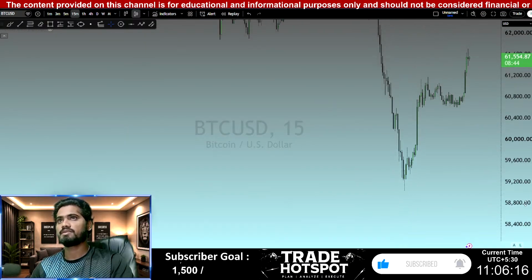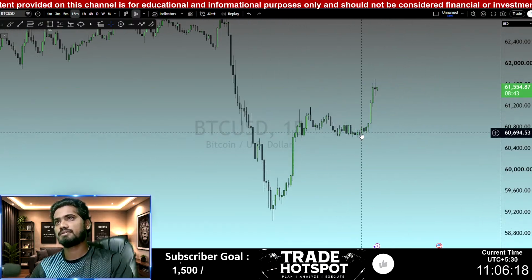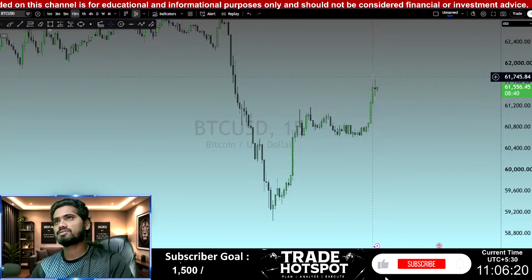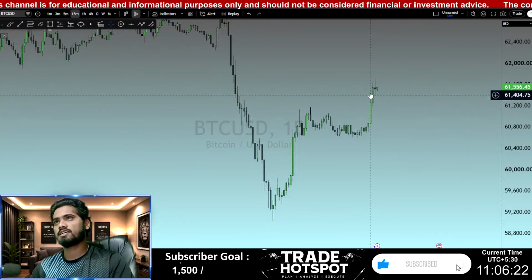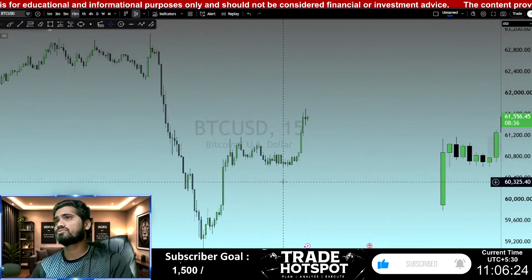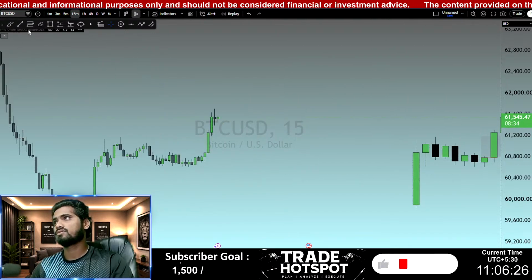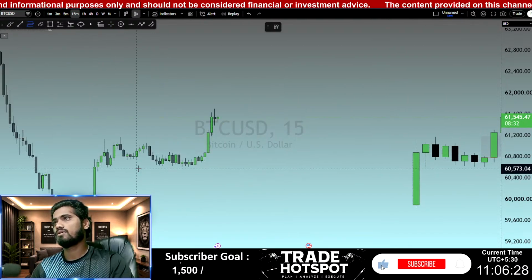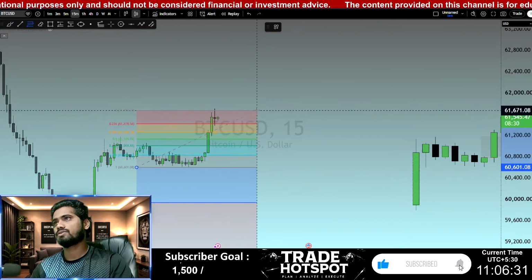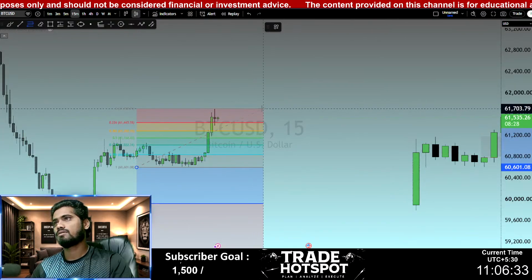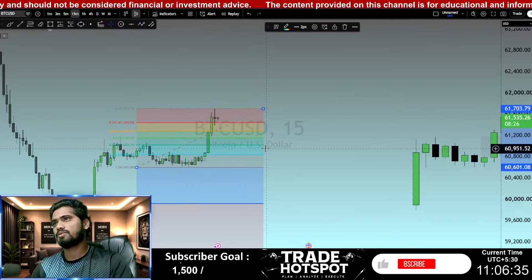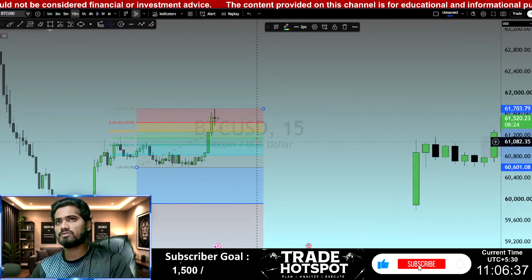If you look at the 15-minute chart, after a strong move there should be some retracement in the BTC also. So if we measure the retracement here, then it should be near 61,000.